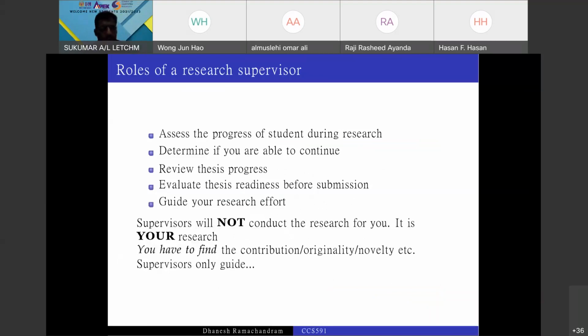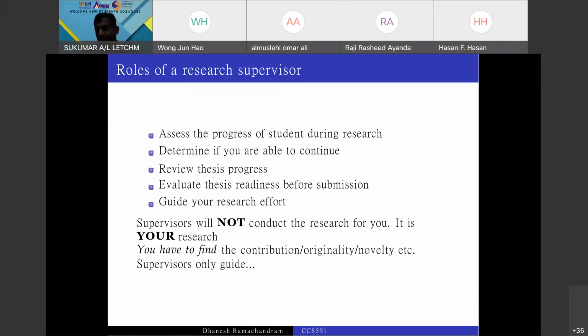Okay, just now we are in this slide. If you look at the roles of a research supervisor, they are there to review your thesis progress and also evaluate thesis readiness before submission. As I mentioned before, they are the main person who will say, yes, you are good to go for your Viva, especially for PhD. And then they are there to guide your research effort.